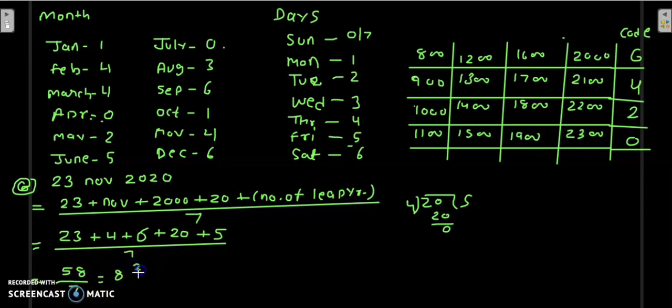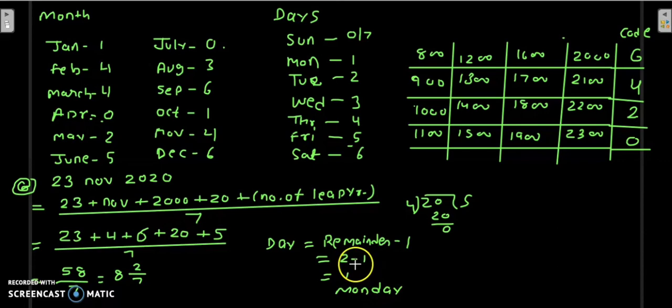Remainder will be 2 by 7. So remainder is 2 here. Day is remainder minus 1. So 2 minus 1 is 1, and 1 is the code for Monday. So that day you have Monday.